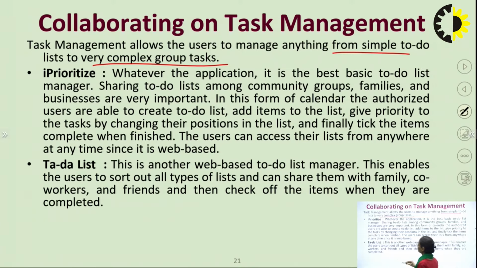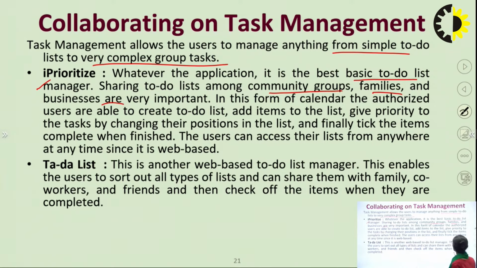The first example is iPrioritize. This application is a basic to-do list manager for sharing to-do lists among a community. First you form a to-do list, and you can share it with your community, with family, or with business.